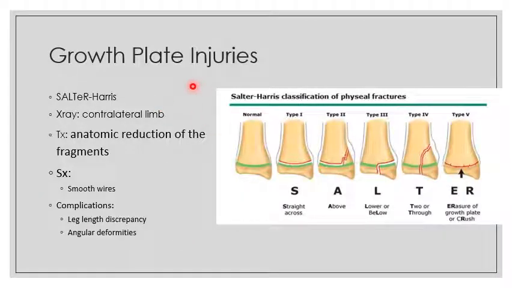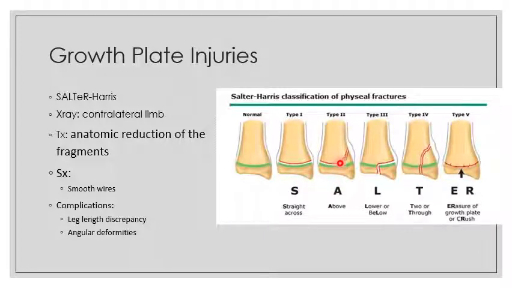So growth plate injuries, the Salter-Harris classification. In your textbook, in that particular chapter, it's quite toxic to memorize, but it's good to know that for Salter-Harris, there's a mnemonic for that, SALTR. So type 1 is straight across, so separation.